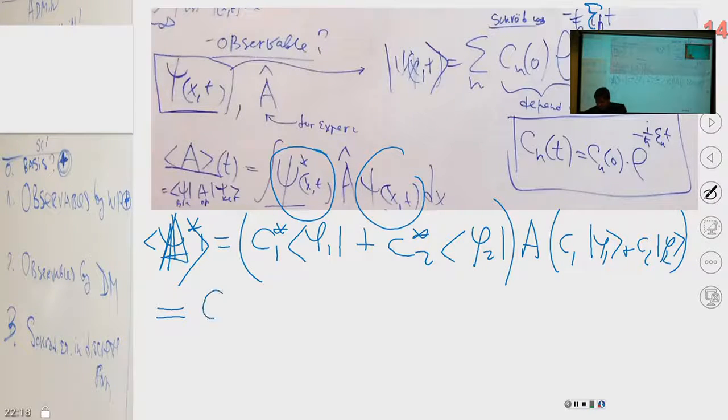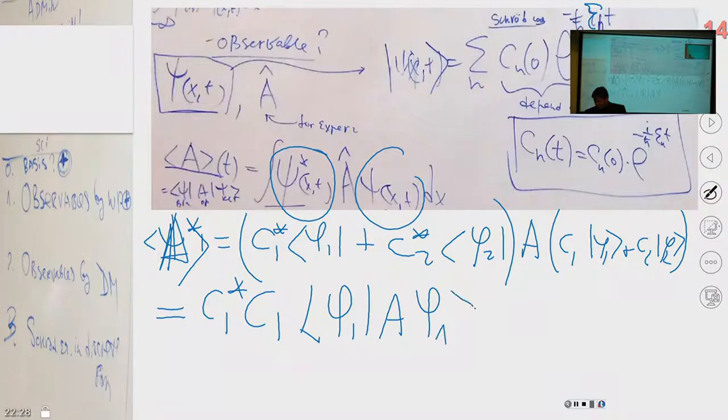If you open these brackets, we will get C1 star C1 phi 1 A phi 1 plus the three other terms, right? First, middle, last. If you run over different indices.